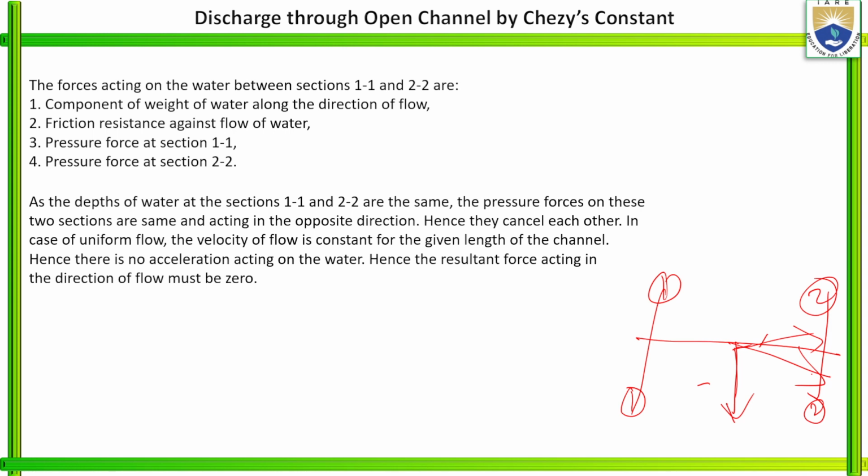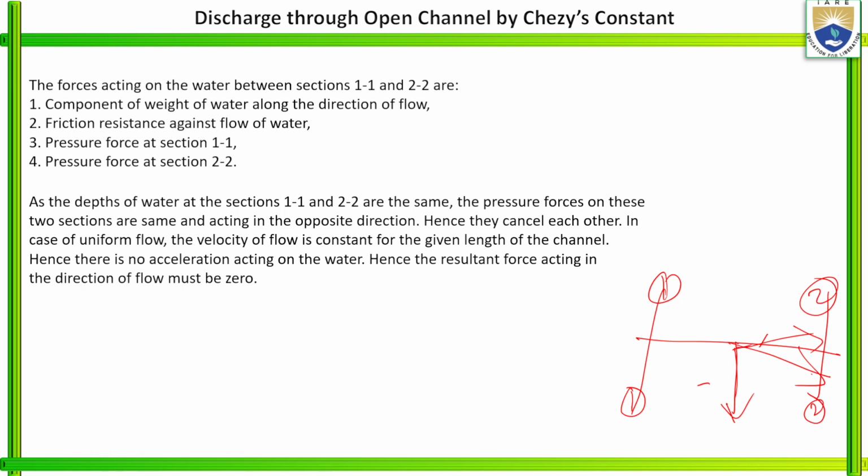In case of uniform flow, the velocity of flow is constant throughout the length of the channel.